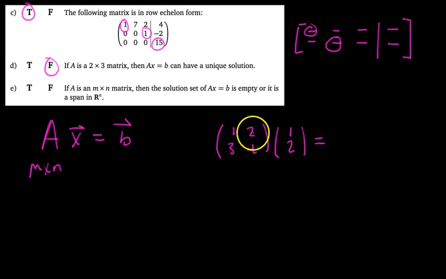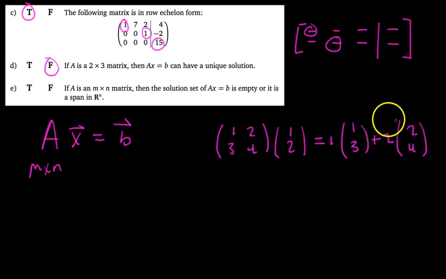You compute this by doing a linear combination of the columns of the matrix, where the weights of the linear combination are the entries in the vector. So this would look something like 1 times (1, 3) plus 2 times (2, 4), right? If you notice, you have to have the same number of entries in your x vector as columns in your A matrix so that this linear combination is defined.